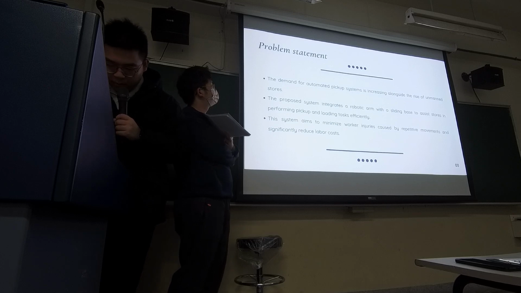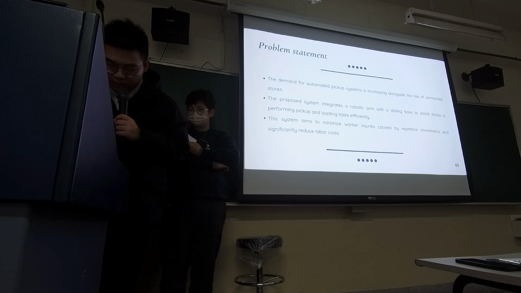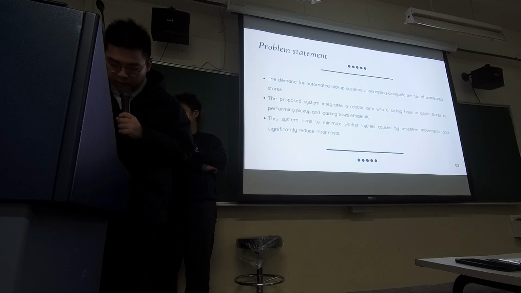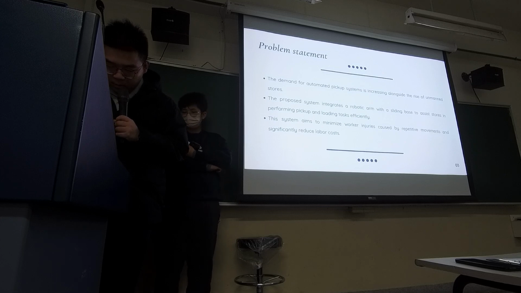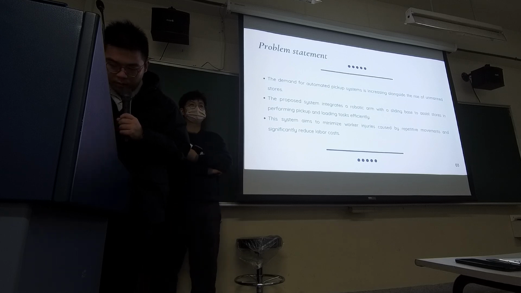Therefore, we propose a system that integrates a robotic arm with a sliding desk, capable of efficiently performing pickup and loading tasks. In addition to reducing labor costs, this system enhances operational efficiency in store and warehouse management.